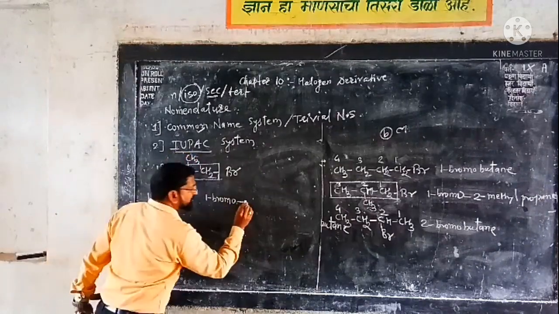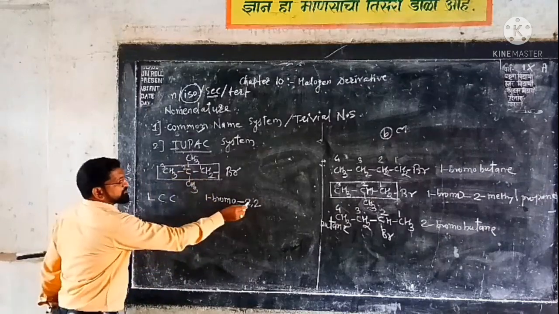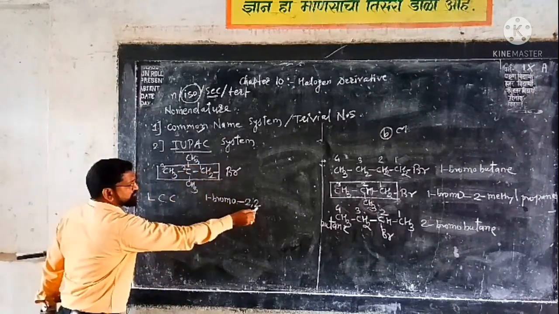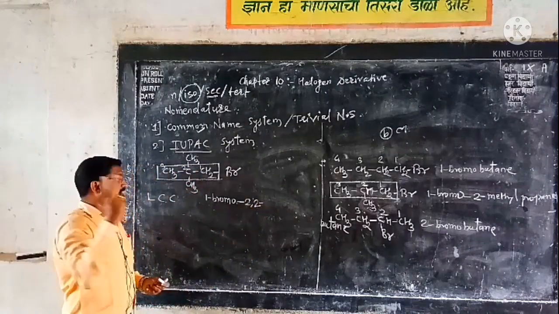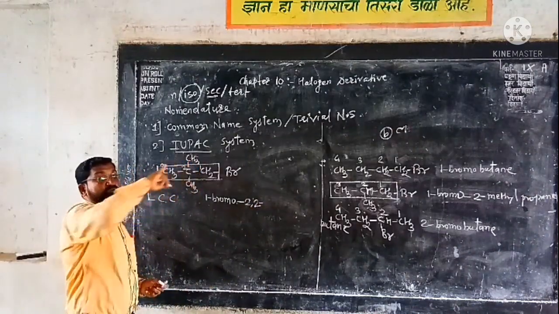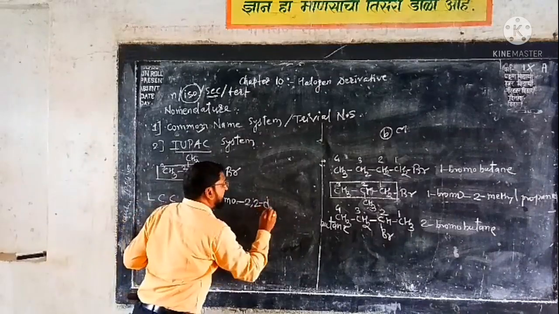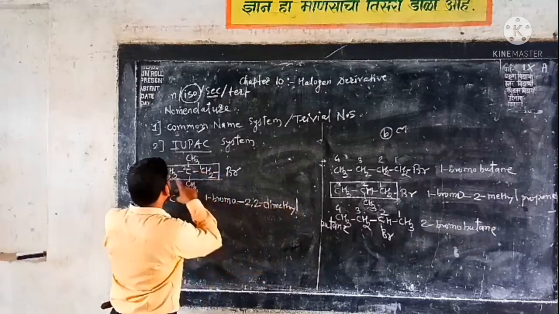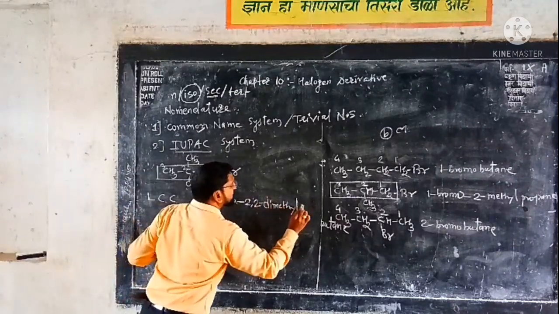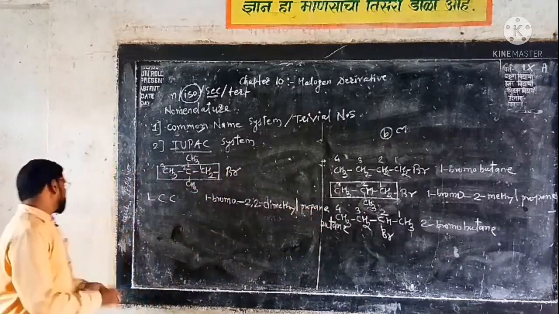Therefore, 2, 2. These 2 for this methyl group and these 2 for this methyl group. How many methyl groups? 2 methyl groups. Therefore, use prefix di. Dimethyl. Understood? Dimethyl. 1, 2, 3. Of course, propane. Okay. So this is the case.